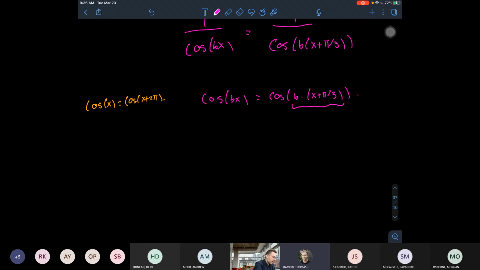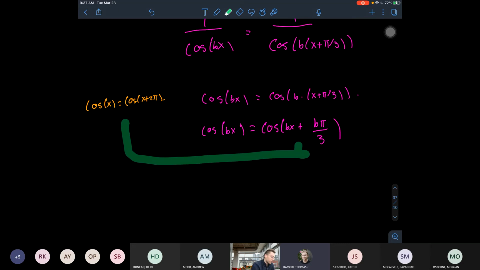So I'm going to expand that inside of that right-hand side function. So I have cosine of bx is equal to cosine of bx plus b pi over 3. And I want to reconcile these two facts.